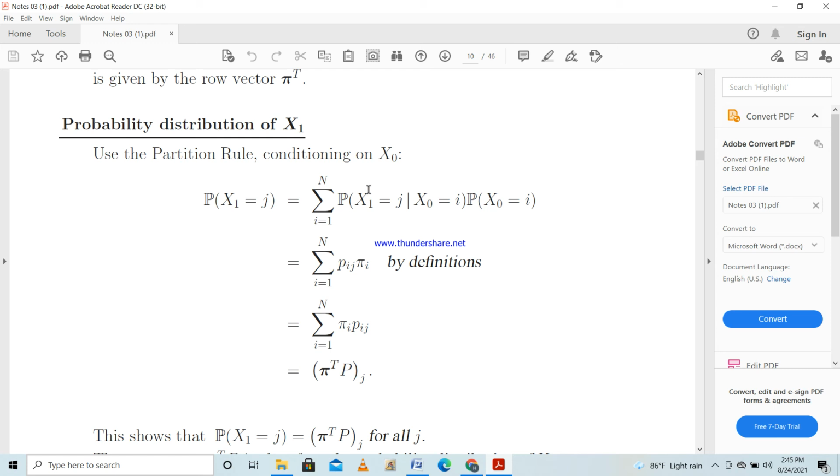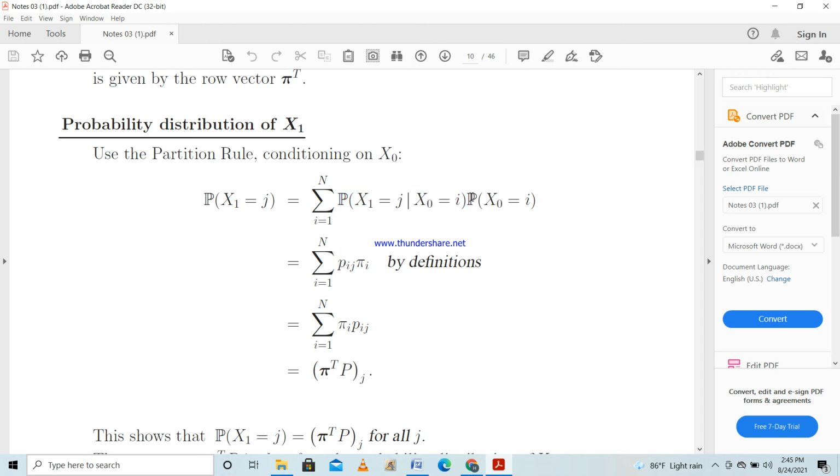So we can write probability x1 equal to j, given that x0 equal to i, times probability x0 equal to i. So i can be any state, going from 1 to n. This is actually the probability of going from state i to j, that is Pij.